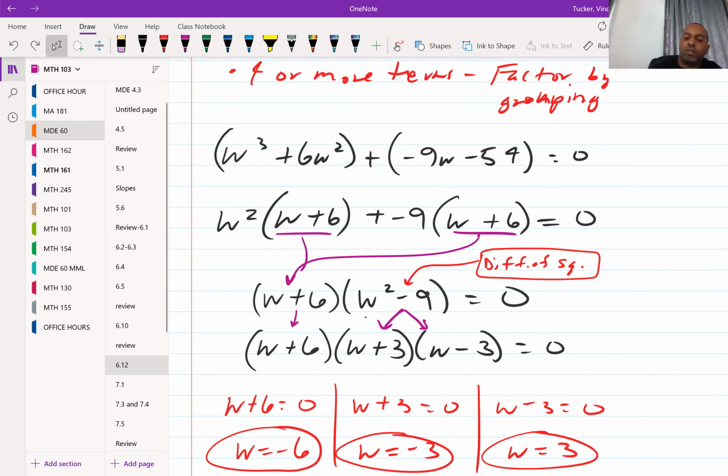And then you add 3 to both sides. That gets you 3 solutions. All right, questions, any questions?